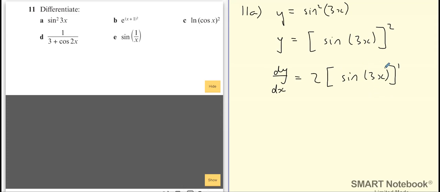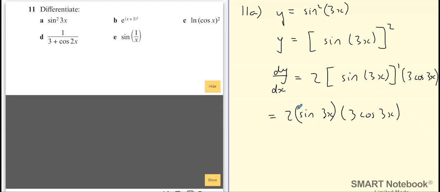So when I differentiate what's inside the square bracket, we can use the general result for sine f of x, and we get 3 cos 3x. And so your answer becomes 2 sine 3x times by 3 cos 3x.